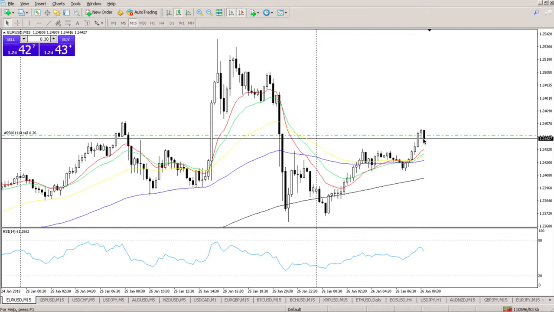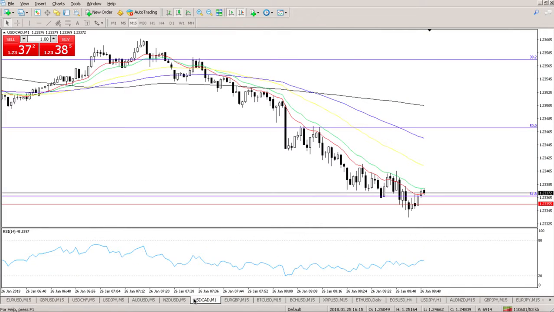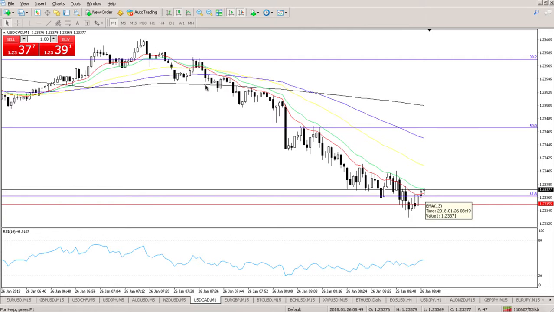So this is a decent reversal. Look at this candlestick and look at this bar after this candlestick. Just one more bar and we'll trade this.